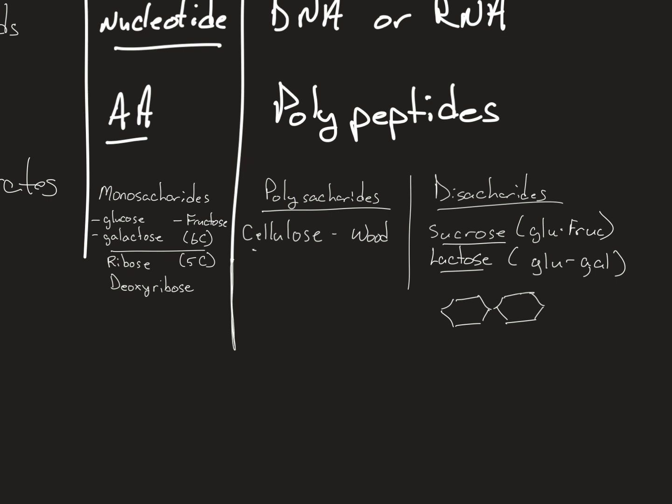The sugar made for structure in plants, not digestible by anything except for bacteria and fungi with special enzymes. It's the only way to break down cellulose. It's so carefully put together. Another polysaccharide is starch, and that's found in plants. We eat it.